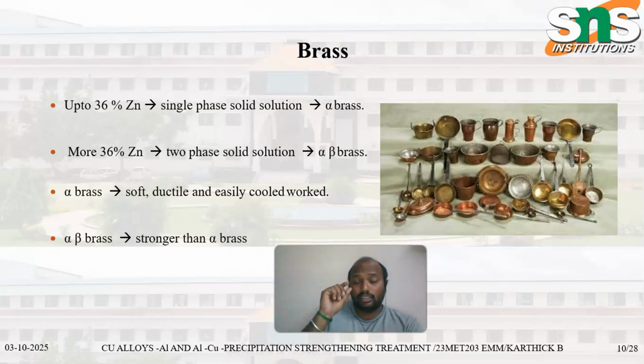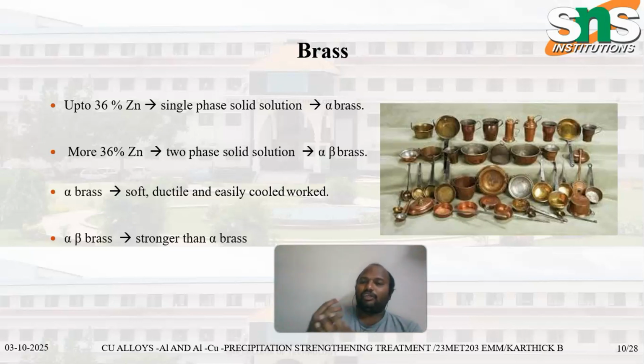If more than 36% of zinc is added, the zinc will form a beta phase, so it is an alpha-beta brass. It is like work done by a single person taking a higher time, but if the same work is done by two persons, the time is reduced. In the same way, keep in mind that alpha brass is soft and ductile and can be easily worked.